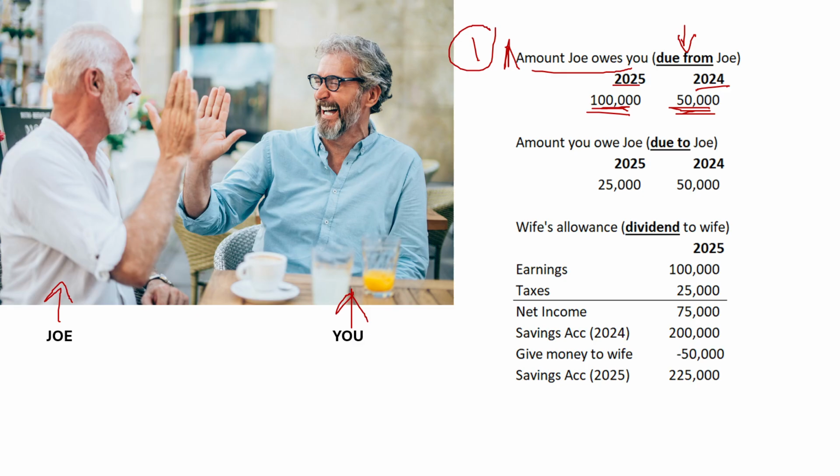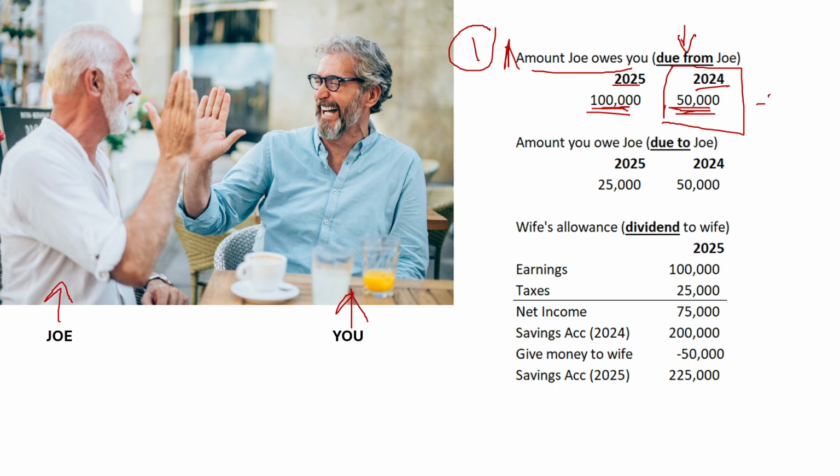If you can just take a moment to think about that, I think you might be able to come to the conclusion that you have loaned Joe another $50,000. So in the beginning of 2024, he already owes you 50,000. That means at some point over the past however many years, you've lent Joe 50 grand. And through the last year, you've loaned him another $50,000. So that's the only thing we're trying to figure out.